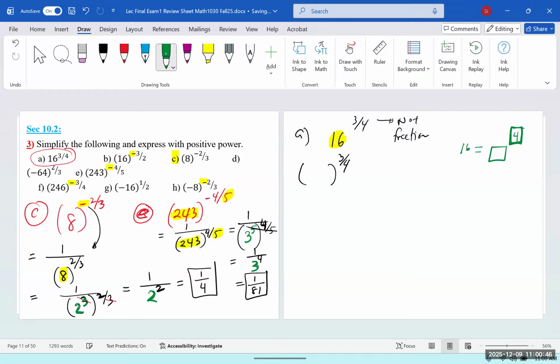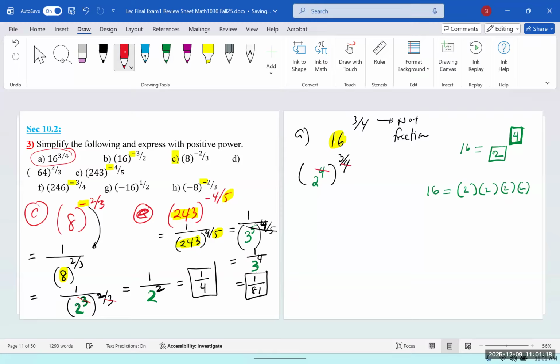What number when you multiply 4 times turns into 16? 2. Great. So you rewrite this 16 as 2 to the 4. 2 times 2 is 4, 4 times 2 is 8, 8 times 2 is 16. So when you multiply 2 four times, the result is 16.